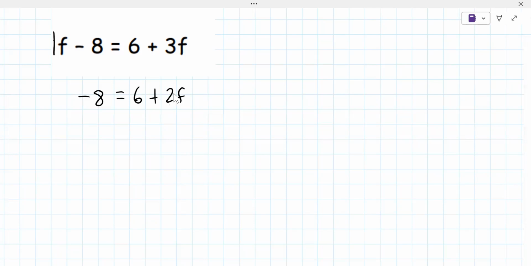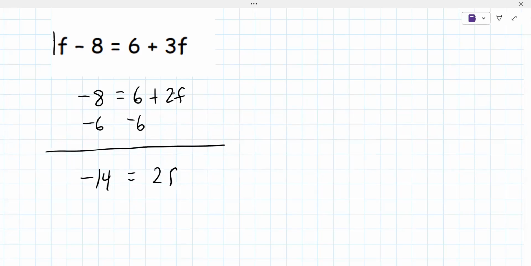You subtract 6 from -8. Good. So I do minus 6... -14 equals 2F. And then you just divide by 2. Very good.